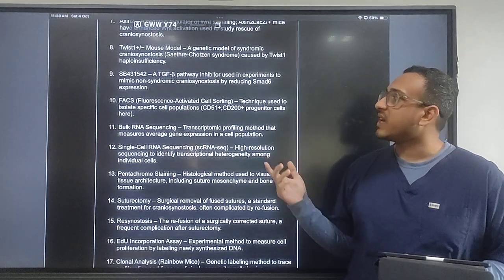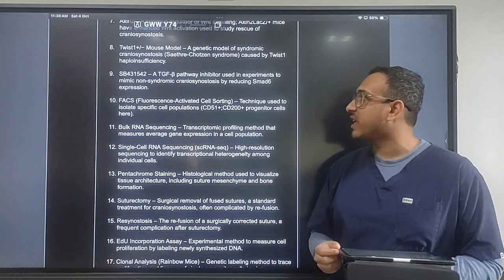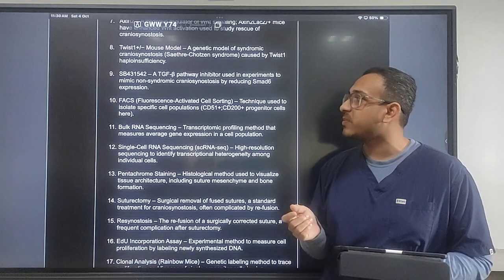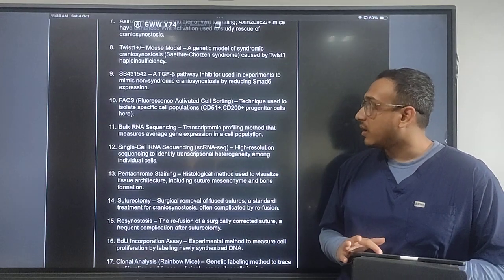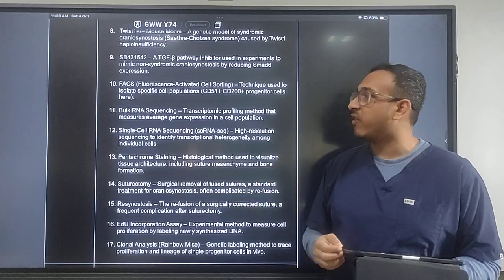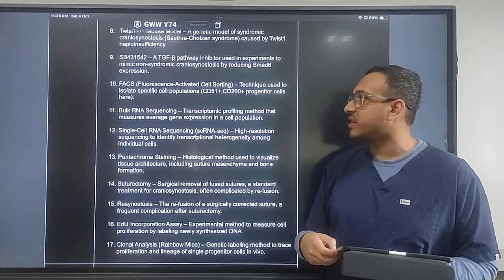FACS is fluorescence activated cell sorting. It is a technique used to isolate specific cell populations. Here they did it for CD51, CD200 progenitor cells.